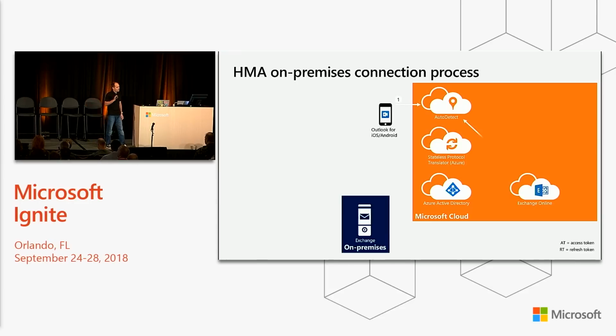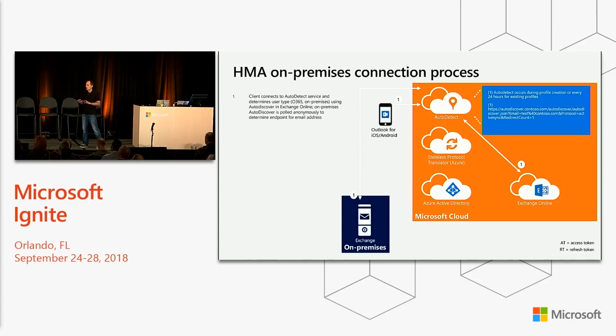So the first time a user launches Outlook, they're presented with a dialog to enter their email address. Upon tapping Next, that email address is passed to the AutoDetect service. AutoDetect will do a lookup, determine that this mailbox most likely belongs to Exchange Online, and issue an unauthenticated AutoDiscover request against Exchange Online.